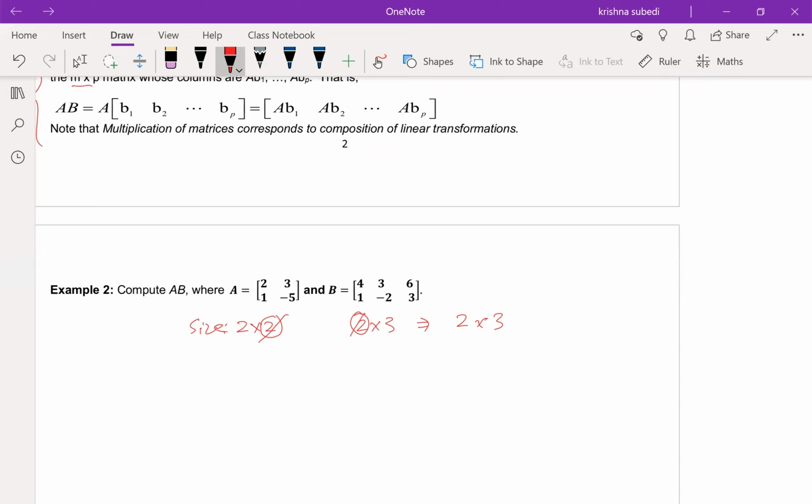Do you want to try this? You can do it this way too. Like how we did here, let me denote this column by B1, this one by B2, this one by B3.